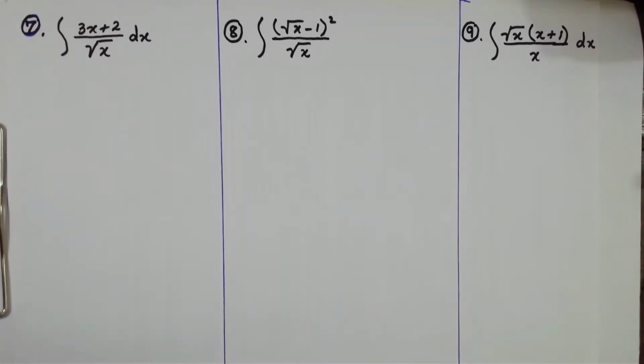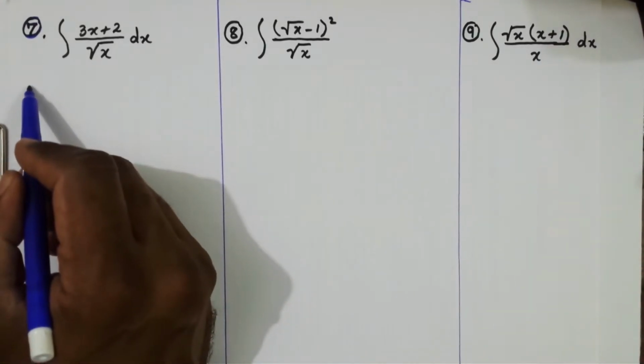But in the next questions, 10 and 11, we will see how to find the integration of an improper fraction when its denominator consists of more than one term. Here the fraction form is one whose denominator consists of only a single term.